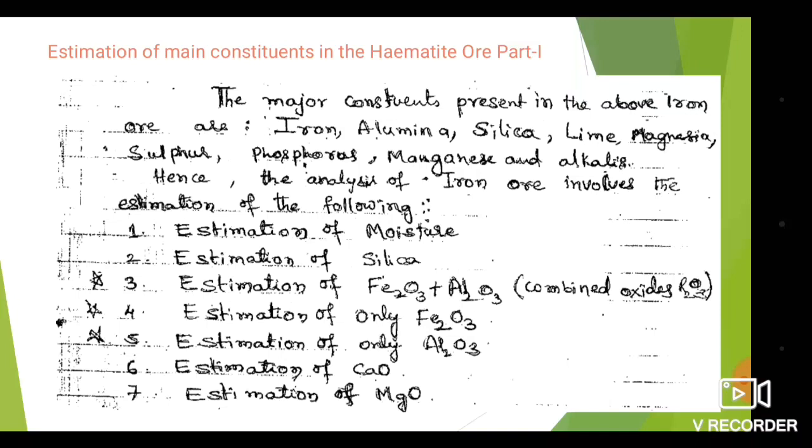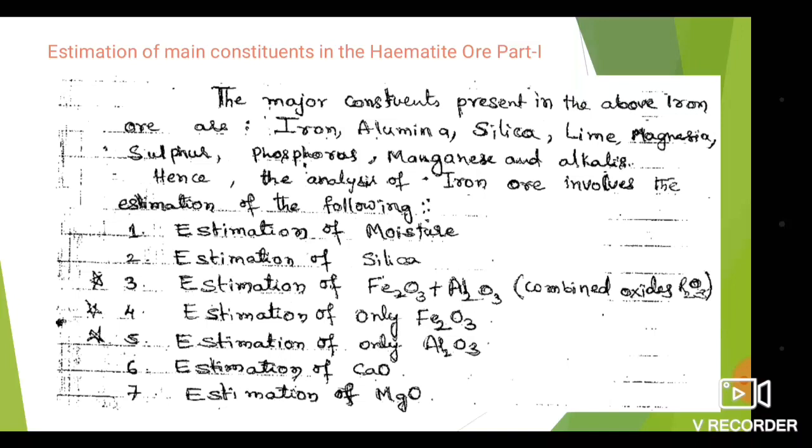The major constituents present in the iron ore are iron, alumina, silica, lime, magnesia, sulfur, phosphorus, manganese, and alkalis. Hence, the analysis of iron involves the estimation of the following.